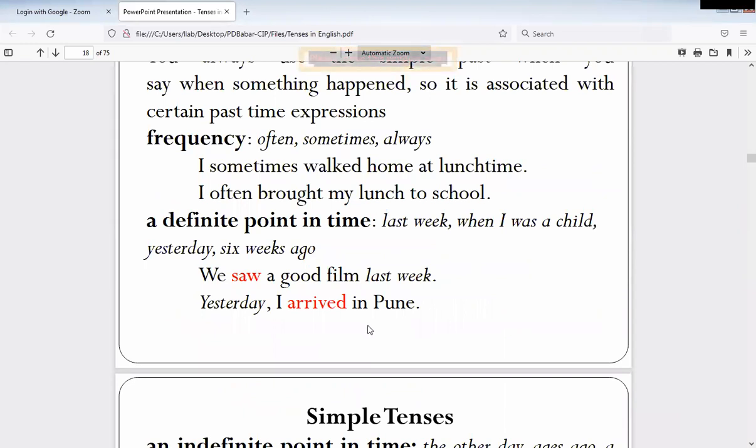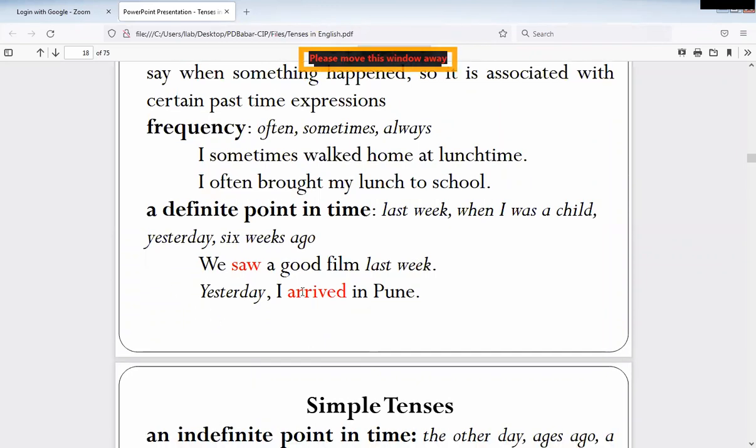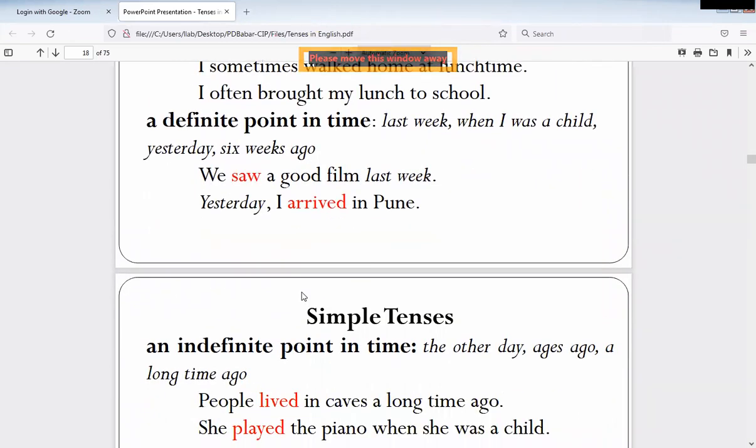Or a month ago I saw Mumbai, or I visited Aurangabad, or I visited Delhi, Jaipur. We can use any expressions for showing the action which happened in the past.